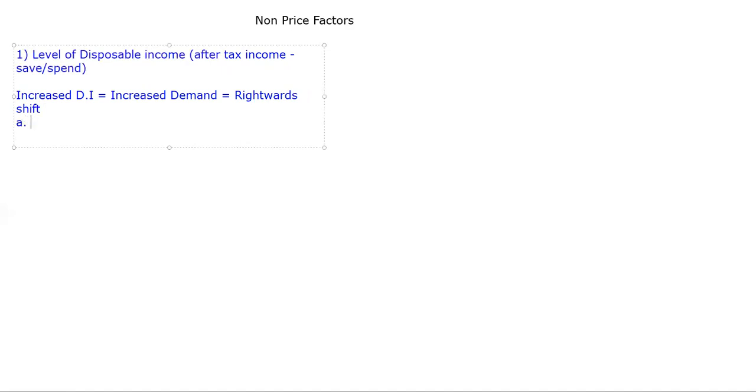One could be that your direct taxes decrease. If direct taxes decrease, your disposable income increases. If there was, say, a 15% income tax applied initially, and I reduced that to 10%, the amount of money you have to save and spend, that is your after-tax income, what we call disposable income, would increase, and hence your demand will increase.